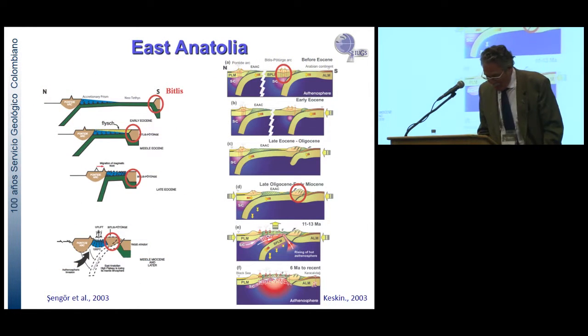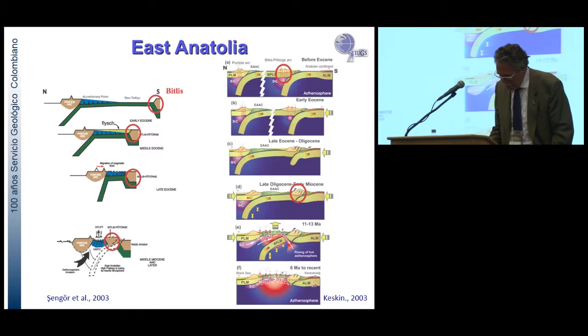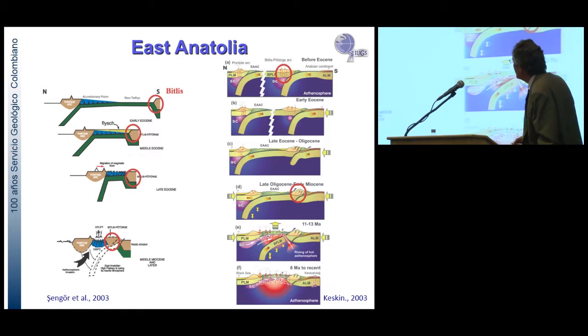Now, the models that were published at the same time were studying the same areas. They always, like for example Şengör, put the Bitlis, that's the area where we found the high-pressure rocks, on top, and it remains on top. Somehow the slab broke off and that was gone. Modern work does exactly the same.